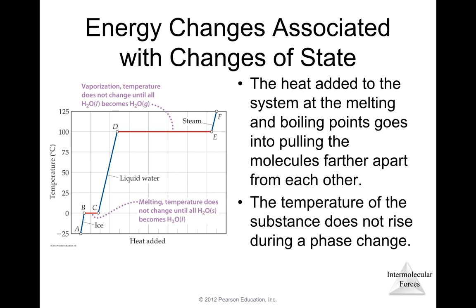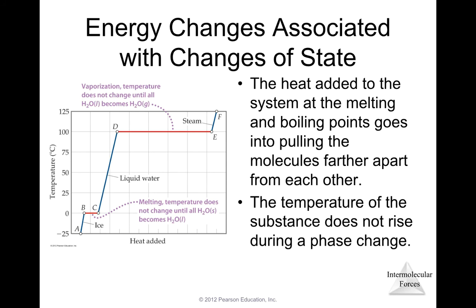Then, once ice starts to melt, there's no change in temperature. That heat that we're adding is changing the movement of the molecules, pulling them farther apart from each other and turning them into a liquid. As soon as all of the solid is gone and we're left with liquid water, then the temperature is going to start to rise again pretty rapidly, and that's from C to D. As soon as we hit that boiling point, that 100 degrees Celsius for water, and we start turning into a gas, that liquid can't get any warmer.